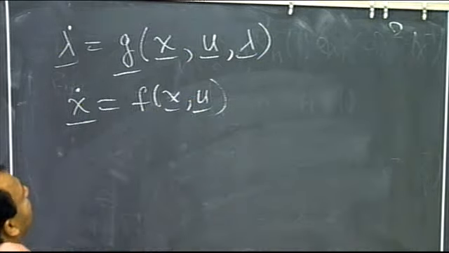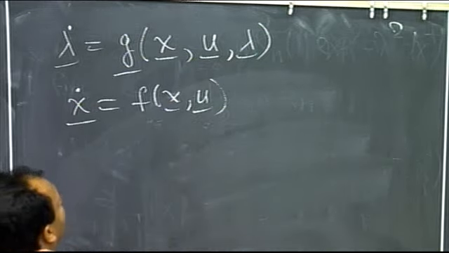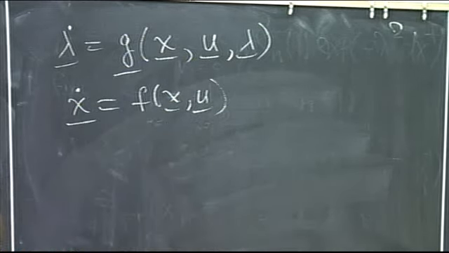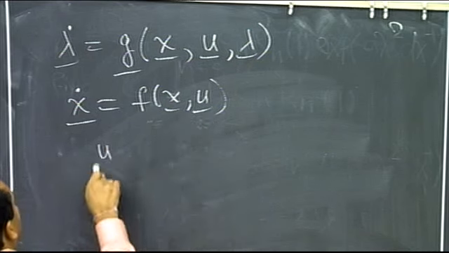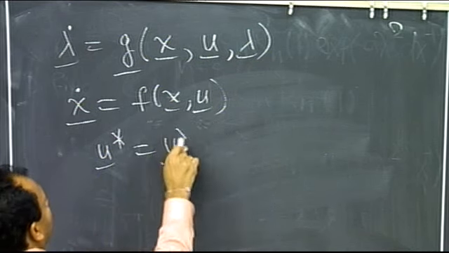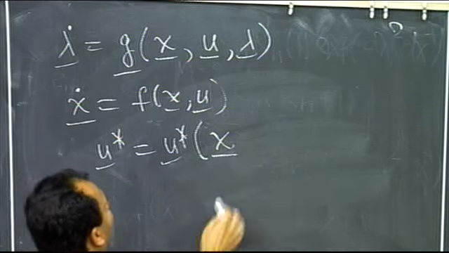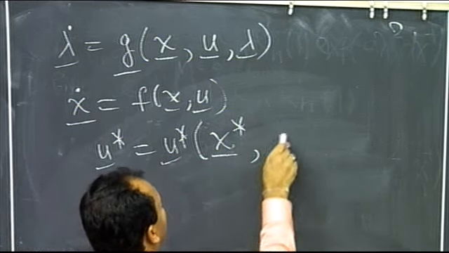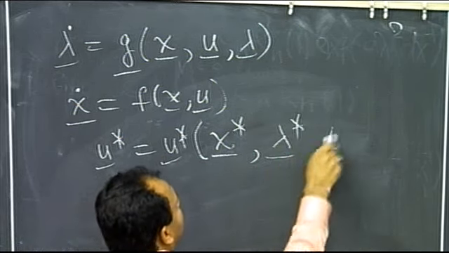Now you look at this and you say, well, this is not a function of the costate. But it is a function of the costate, because the optimal control is by definition a function of the optimal state and the optimal costate, and possibly time.